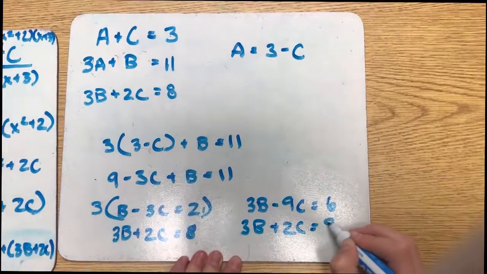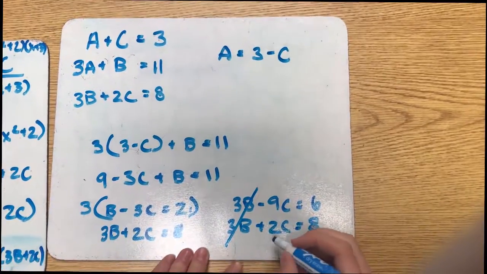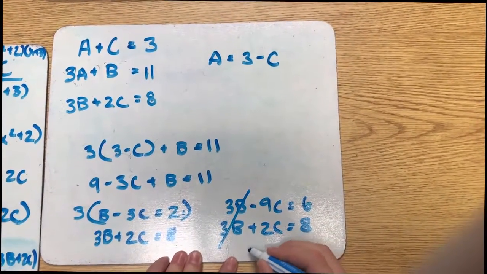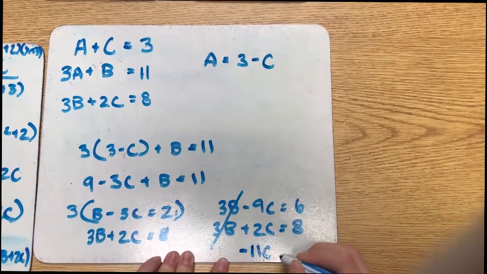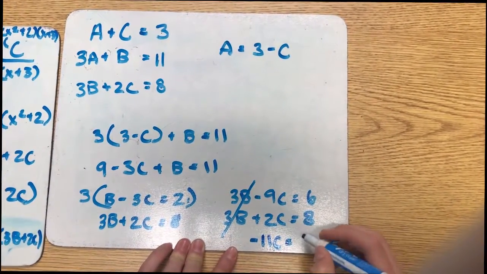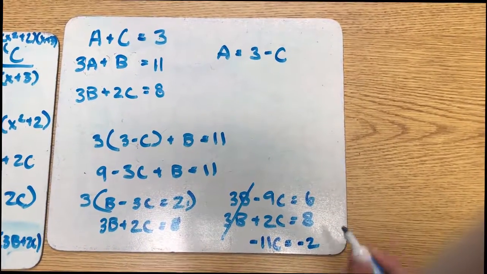After we've put in the 3 for the top equation, we're going to cancel out the 3b and then subtract 2c from negative 9c, leaving negative 11c is equal to 6 minus 8, which is equal to negative 2.